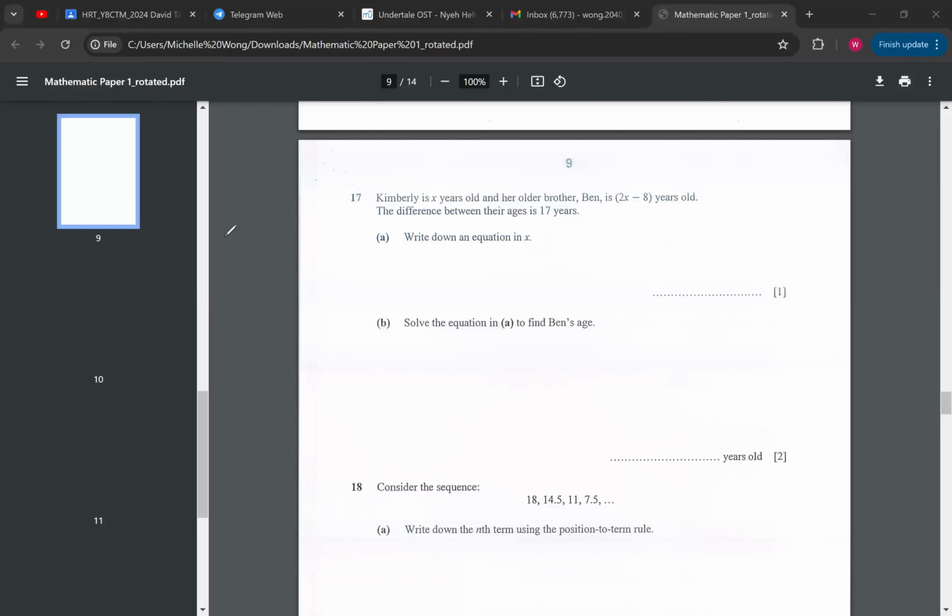Question 17. Kimberly is X years old and her older brother Ben is 2X minus 8 years old. The difference between their age is 17 years.